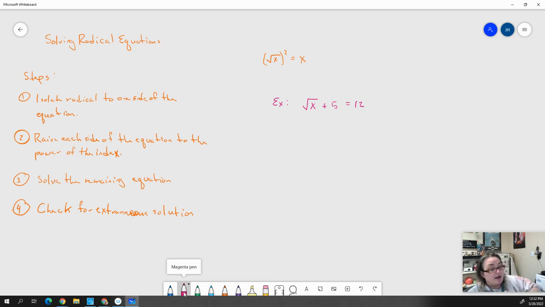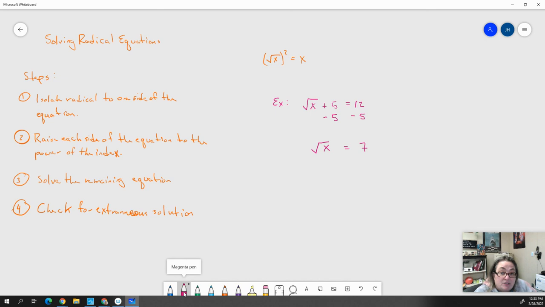And so I'm going to start by undoing everything that's being done to that radical x. The only thing in this circumstance that's being done is we have 5 being added to it. So we're going to start by subtracting 5 from each side. And we wind up with the square root of x equals 12 minus 5, which is 7. Right? Step 1's done. We have the radical all by itself on one side.